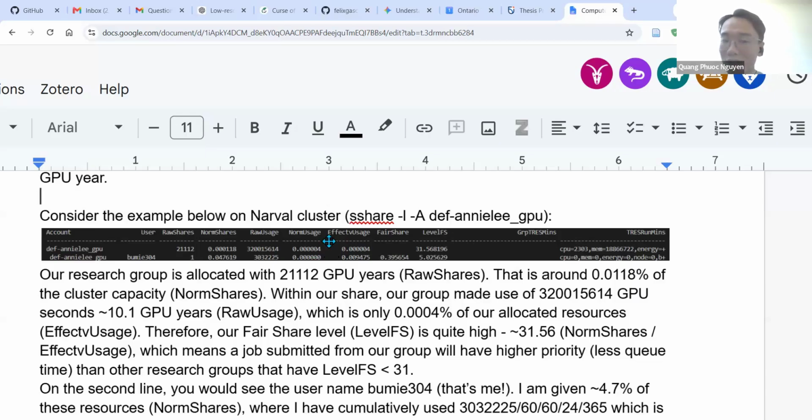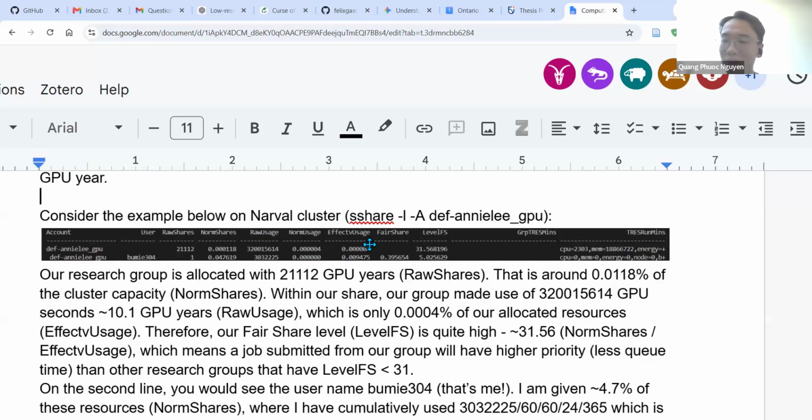Given the normalized usage and effective usage, we can calculate the level of fair share using the fair share algorithm adopted by Slurm. You just want to note that a fair share level greater than 1 means that we are being underserved, which means we are using fewer resources than we are allocated.